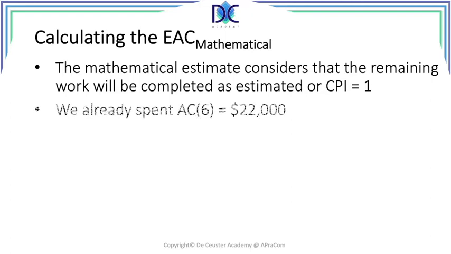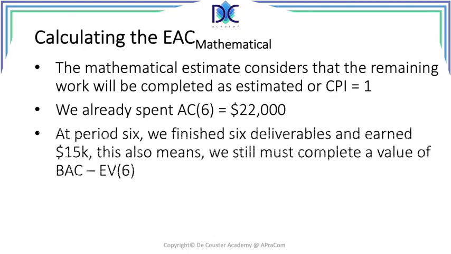And when we look at this formula, we have to see that first of all we already spent the actual cost. In this case, we already spent 22,000. On the other hand, we also can find out that we finished 6 deliverables and we already earned 15K. Now it means that we still must complete a value of the budget at completion minus the value that we already created.